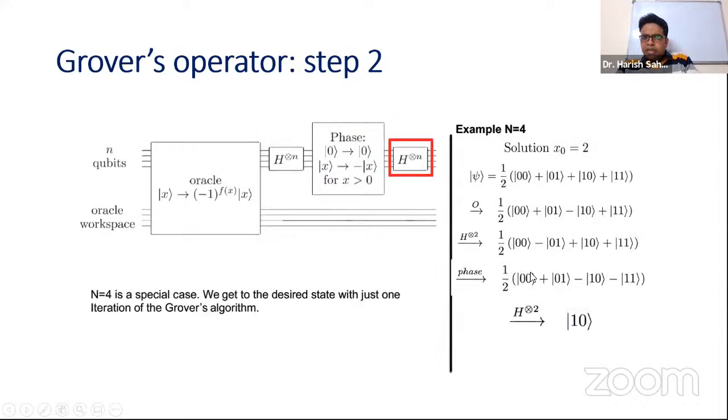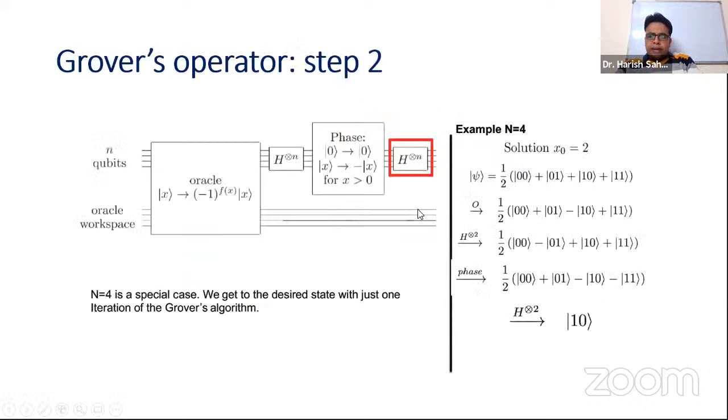Then we again apply Hadamard. Again constructive and destructive interference happen and we get 1, 0 as our answer. We will see how to implement those on an actual quantum computer or quantum simulator. Today we will try to implement those on a quantum simulator in the practical at the end of the session.